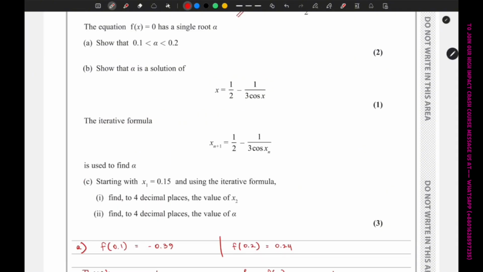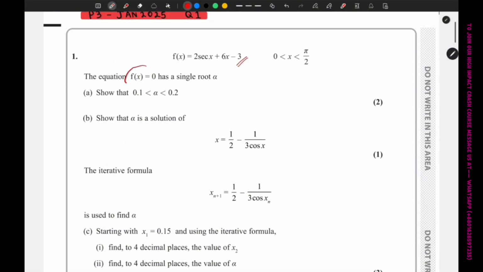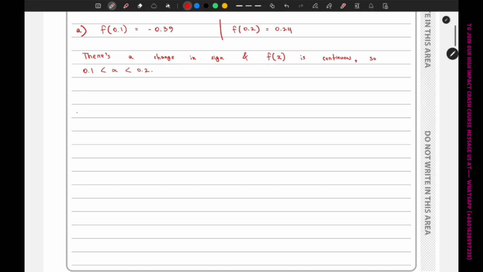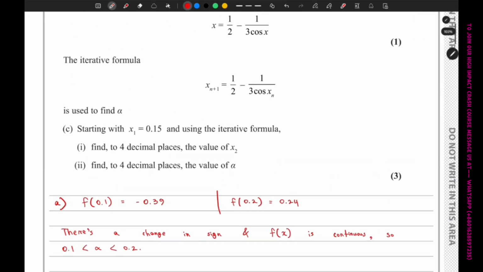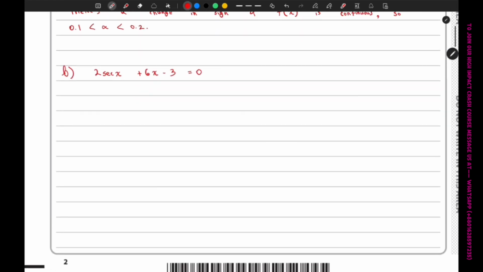Now for the second part, we need to show that alpha is a solution of x = 1/2 - (1/3) cos x. So basically we need to solve the equation f(x) = 0, which means 2 sec x + 6x - 3 = 0.